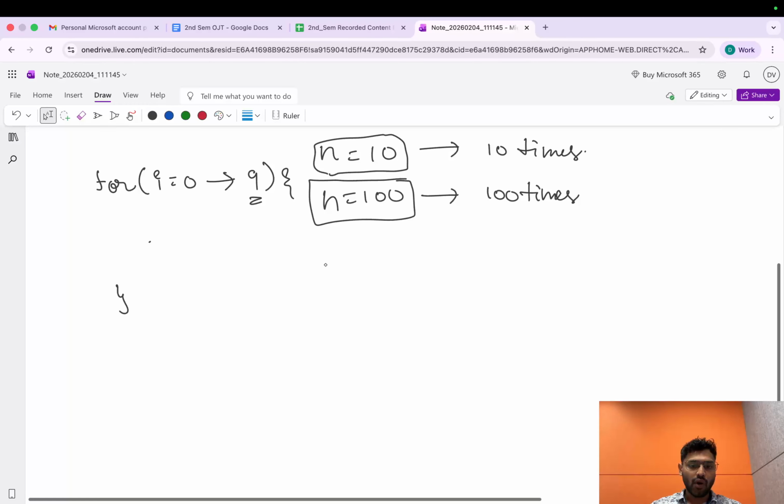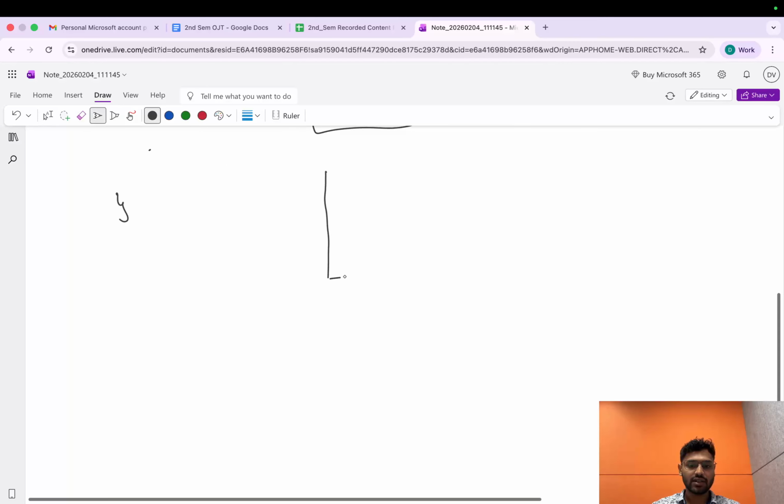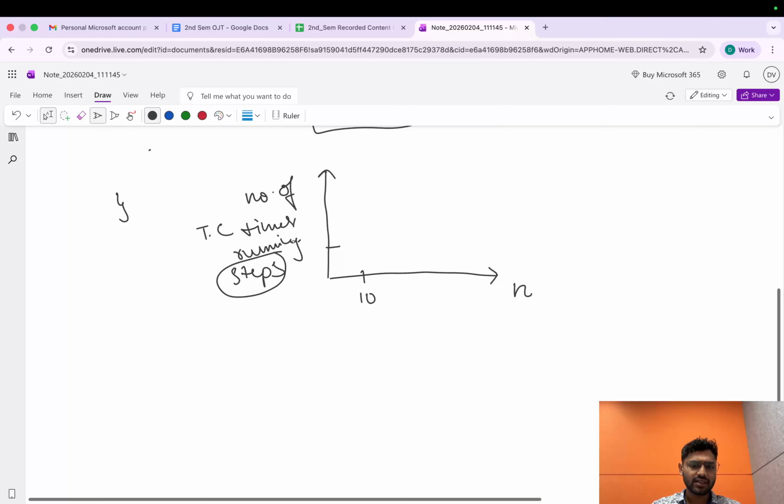If you plot a graph for this, I'm going to show you how exactly it looks. This is the input size n, and this is the number of times we are running, the number of steps. If input size is 10, we are running 10 times.